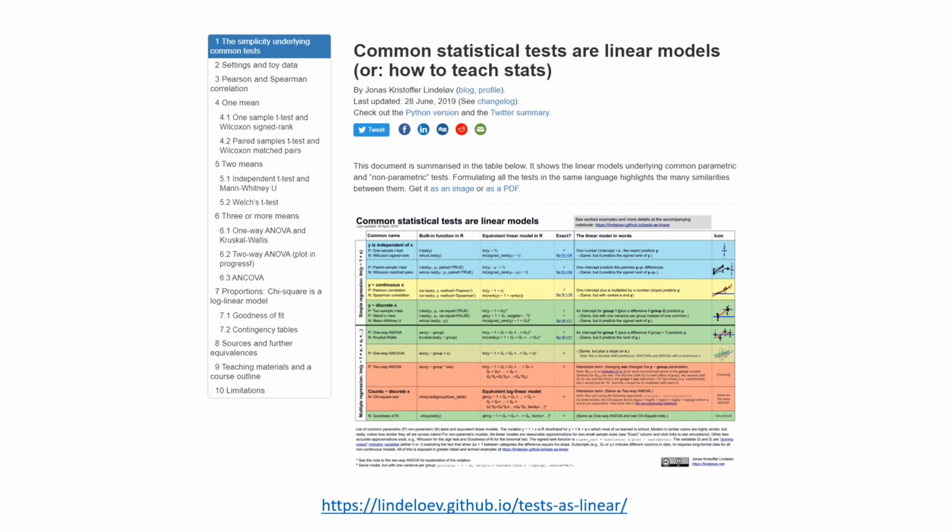One final note as we wrap up here, and that is that where you go from here is up to you. Increasingly, a lot of these statistical tests are being envisioned as a single, what's called a general linear model, a GLM. When you take a stats class, you learn these things in parts.